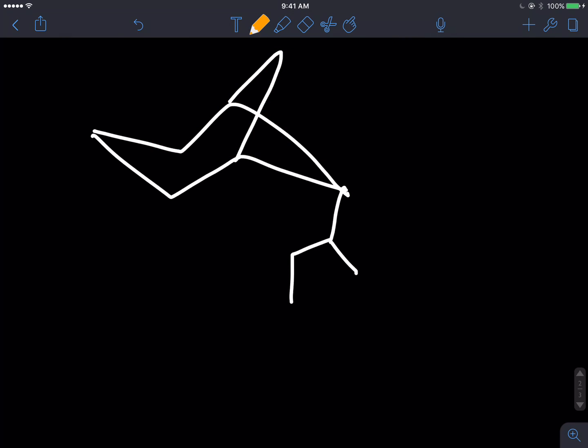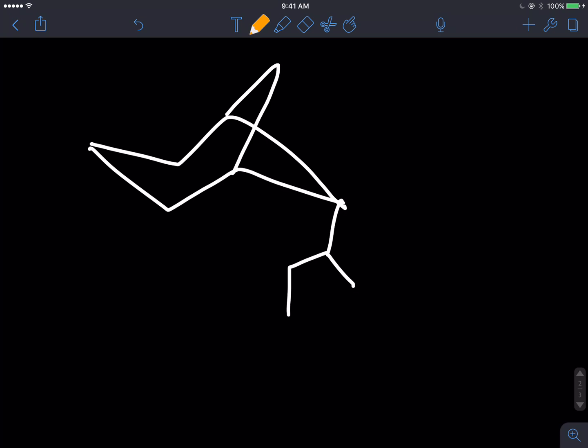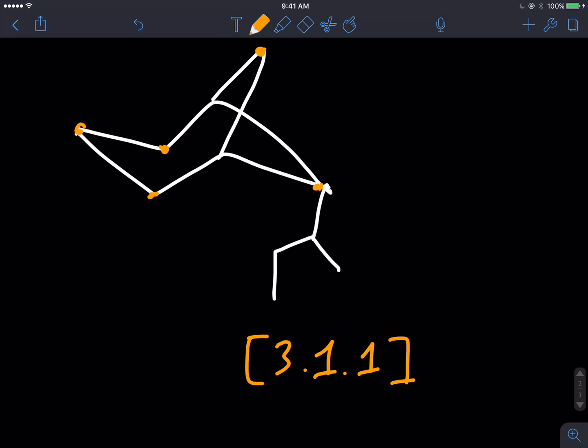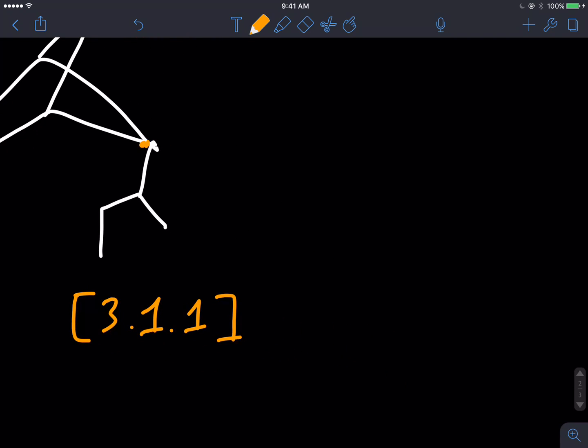You name it from the left to the right, right? So you notice it's 3, 1, 1: 3 right here, 1 right here, and 1 right here. So just do 3.1.1. And how many carbons? 1, 2, 3, 4, 5, 6, 7. So it'll be 7 carbons, so it'll be heptane, right? Not heptene, not heptyne, because single bonds only.